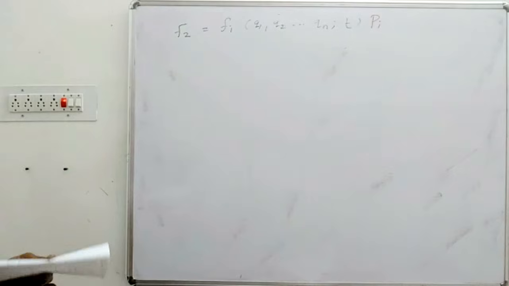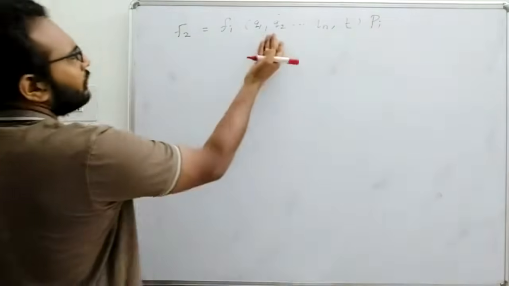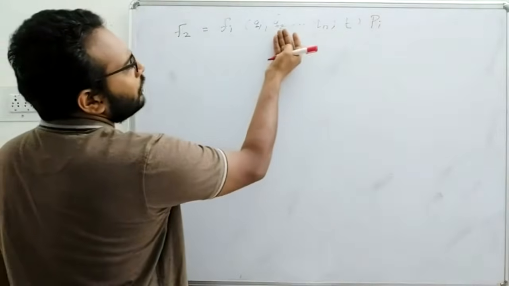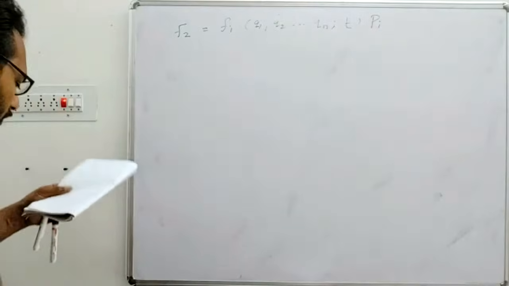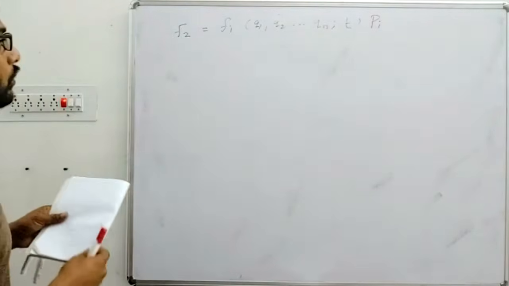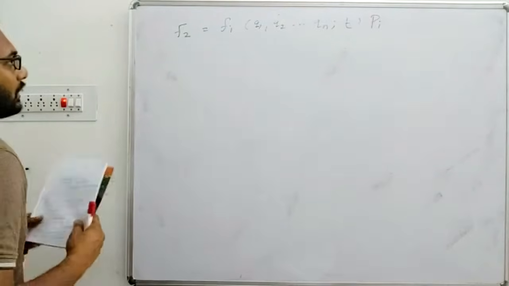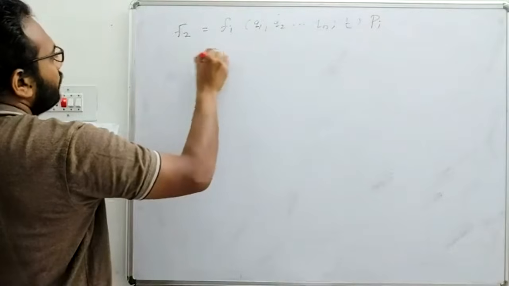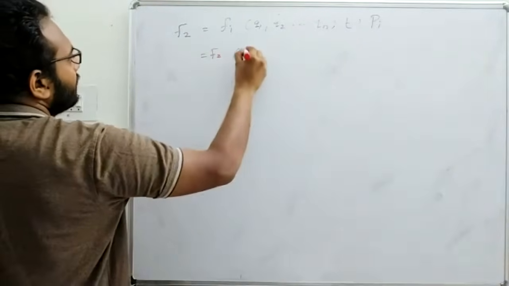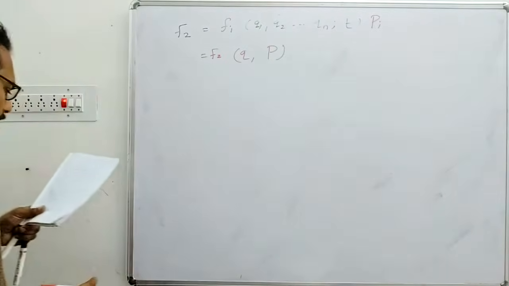Now, what does this mean? This means that one part of it completely depends only on Q1, Q2 up to Qn, and the other parts are the new momenta. So this is of the form F2 of Q with P, am I right?